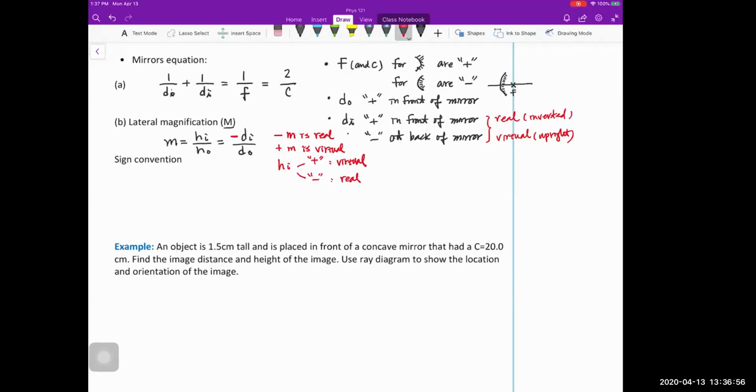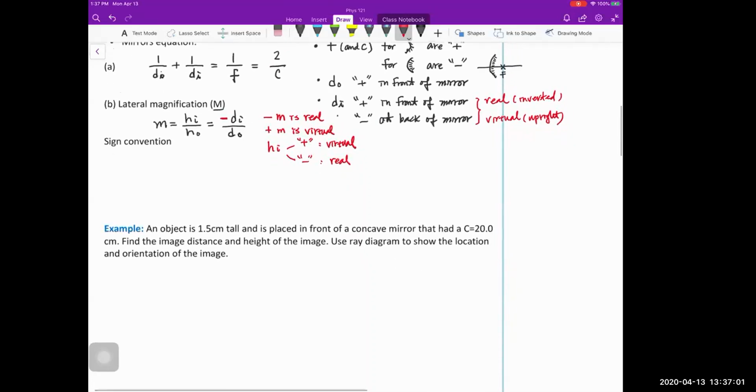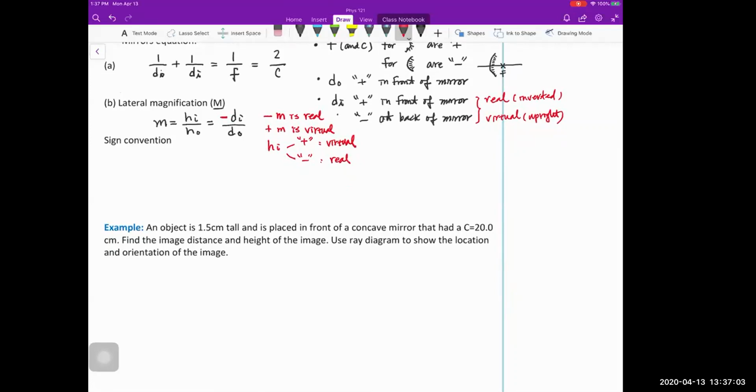If you have this question in the exam, you can use the mirror equation directly to find the location, then draw the ray diagram to verify your result.